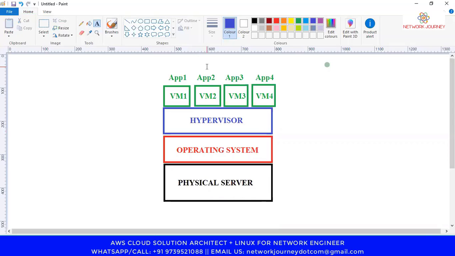Yeah, so you can increase your virtual hardware at any time, but if you want to increase your virtual hardware, your physical hardware should be high end. I mean high end in the sense of high configuration. So based on your physical hardware configuration, you can increase your virtual hardware configuration. So understood?